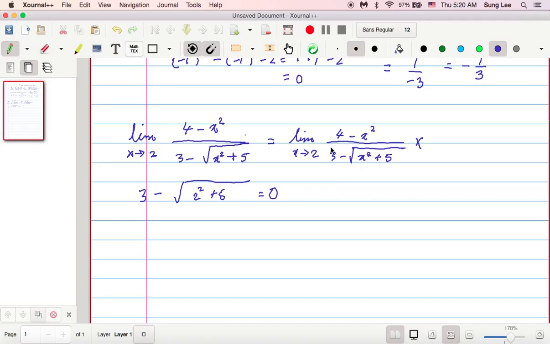So what's the function? In this case, the conjugate of the denominator.